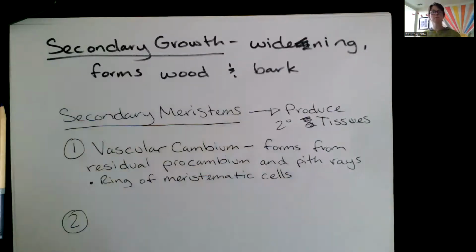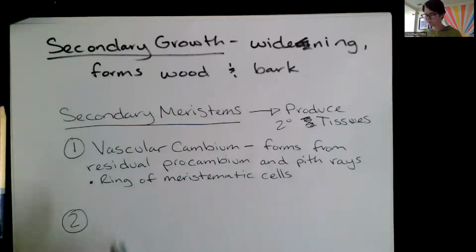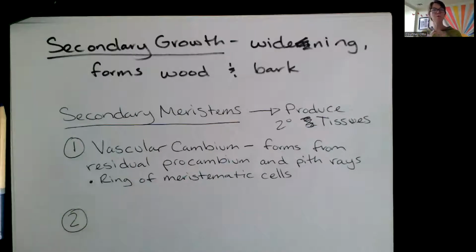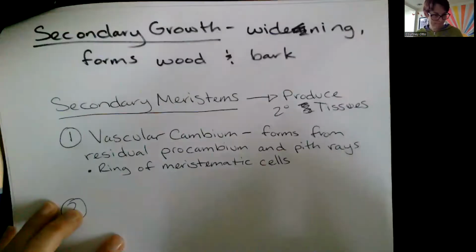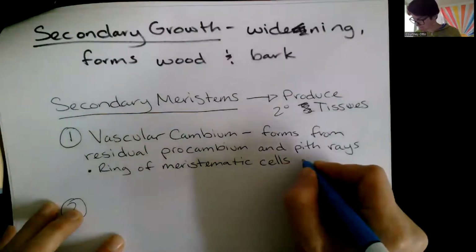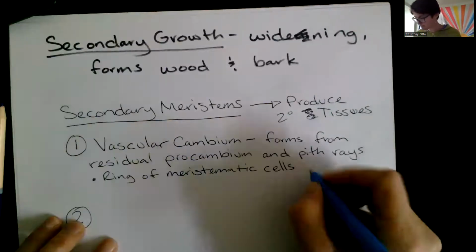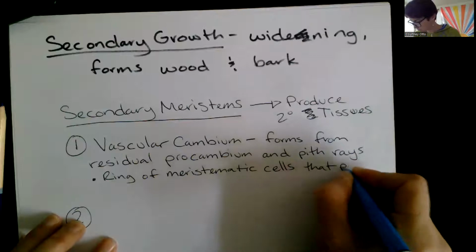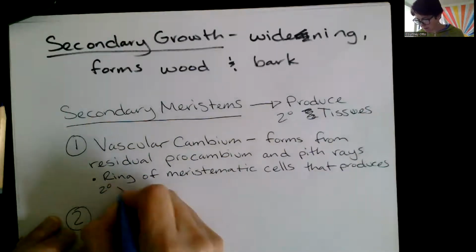So you've got this ring of meristematic cells, right? Remember when you see that word meristem, you should think lots of mitosis, lots of cell division. We've got this ring of meristematic cells all the way around that's going to divide to the inside and to the outside of that ring. And so when that ring of meristematic cells divides to the inside, it's going to produce secondary xylem.